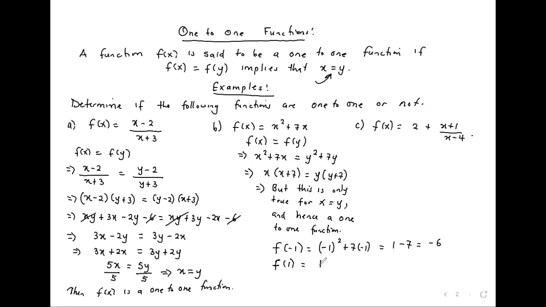Now, if we use 1, we'll have 1 squared plus 7 by 1, which is 1 plus 7, which is 8. The square disturbs the function from being 1-to-1 because it gives the same value, whether negative or positive. But when there is an x which is not squared outside, that x will help us change the numbers for us not to get the same thing.